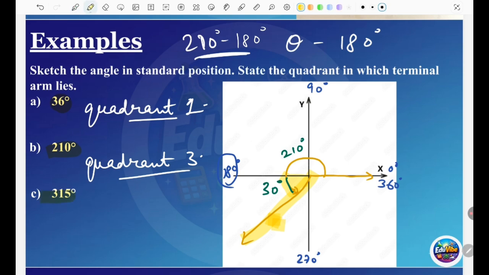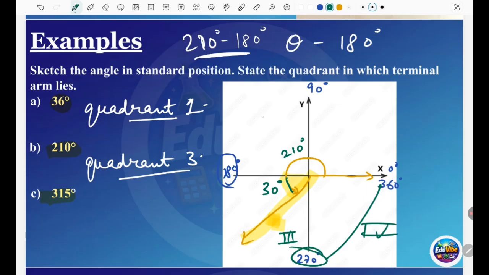As we see in the next one, which is 315 degrees. So 315 degree is from here to here. We can't use 270 degree, because 270 degrees is just a random number between angles. For the third quadrant, the fourth quadrant, or any quadrant, we don't use 270 degree.